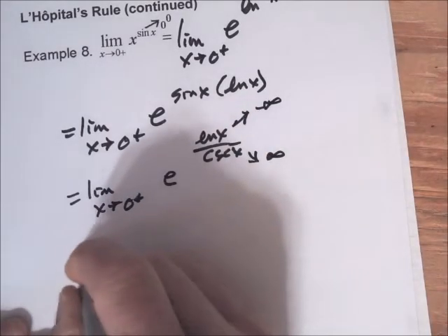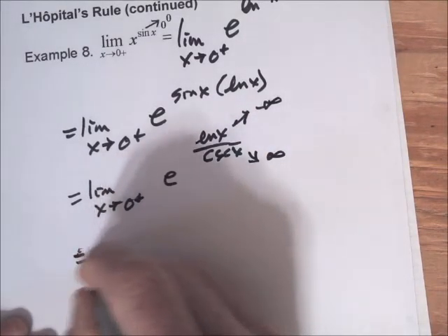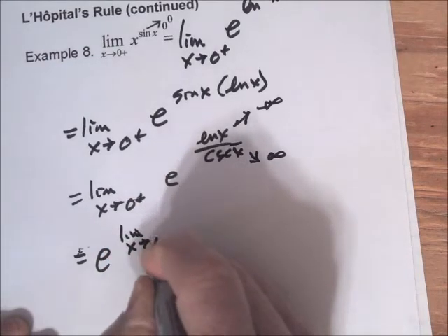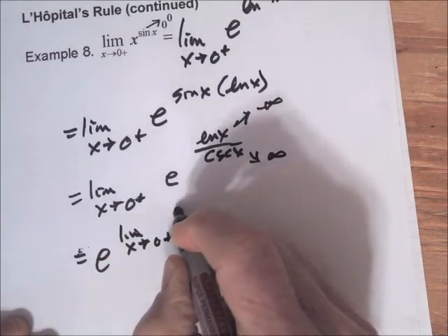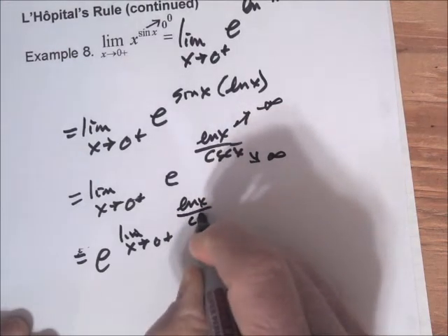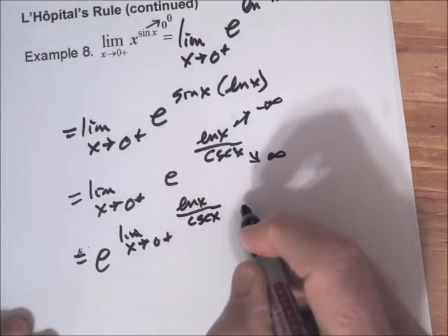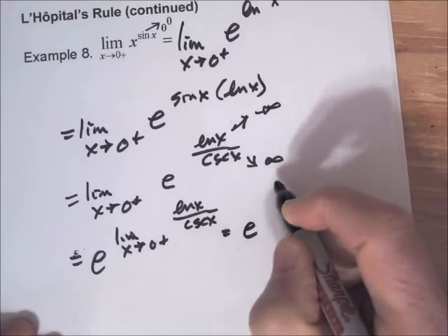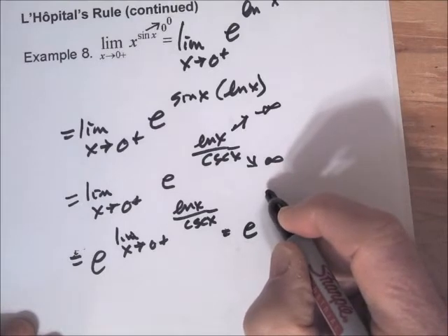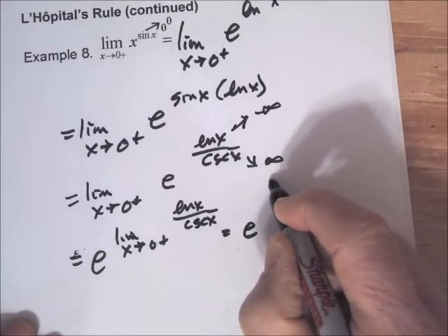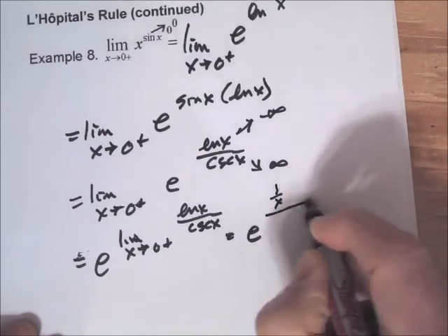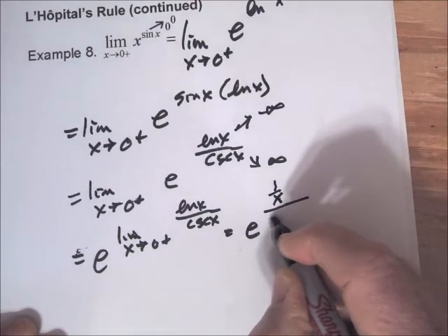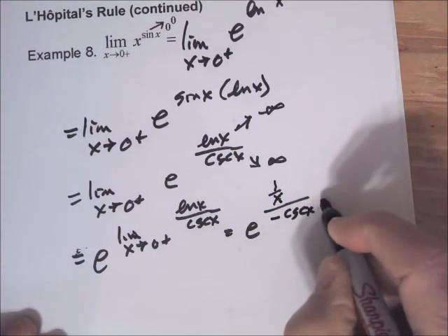Okay, so we can take the limit inside the exponential. e to the limit as x goes to 0 plus of ln x over cosecant x, and take the derivative. 1 over x, derivative of log is 1 over x, derivative of cosecant is minus cosecant x cotangent x.